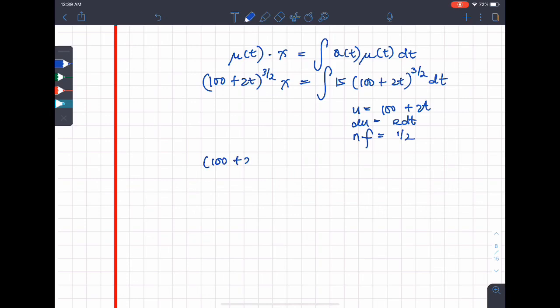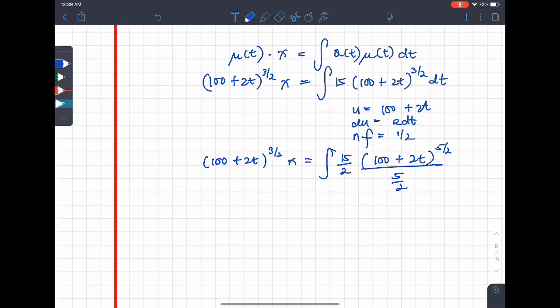So 100 plus 2t raised to 3 over 2 times x is equal to 15 over 2. For our neutralizing factor, 100 plus 2t, 3 over 2 plus 1 would be 5 over 2, all over 5 over 2.